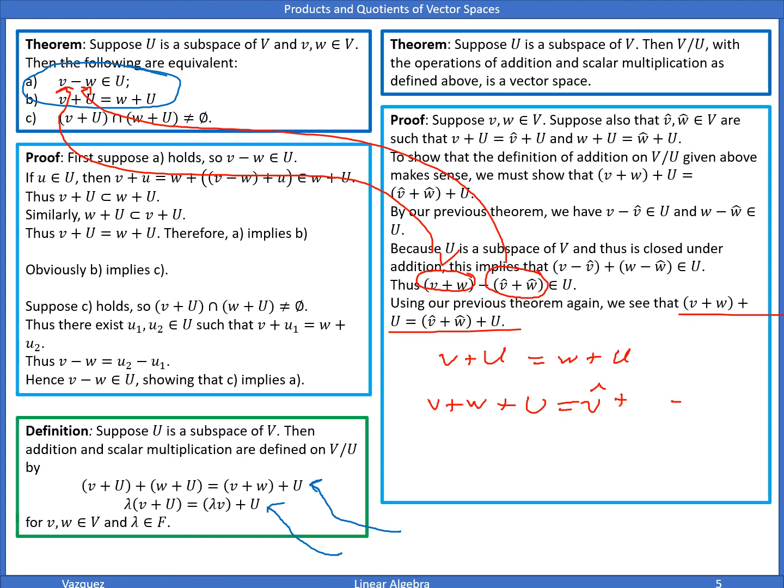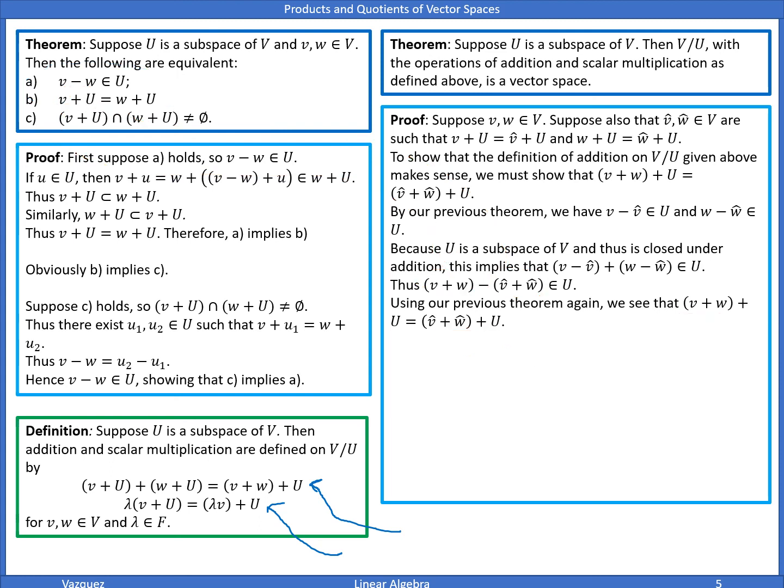Right, so we really are just using our previous theorem. Make sure you can follow that. If you need a pause, go back. But that's what we're using. So then we're showing that indeed addition is well defined and it makes sense, right? So addition on the quotient space V slash U makes sense.